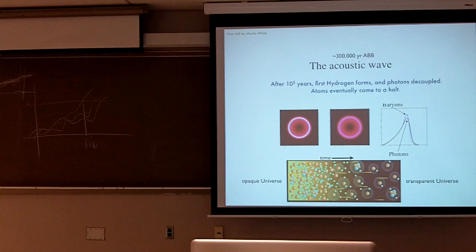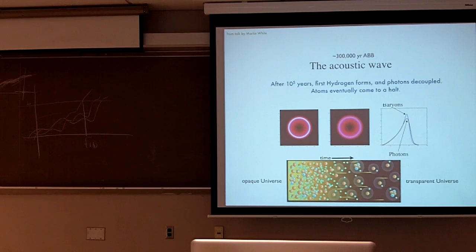And then the first atoms form. The importance of this is that suddenly the universe goes from opaque for the radiation, where it was always bombarding and hitting things, to transparent. These photons that are propagating from here, we call this the surface of last scattering, are now free to go throughout the universe, and that's the cosmic microwave background that we actually see today. And so that was that firm prediction.